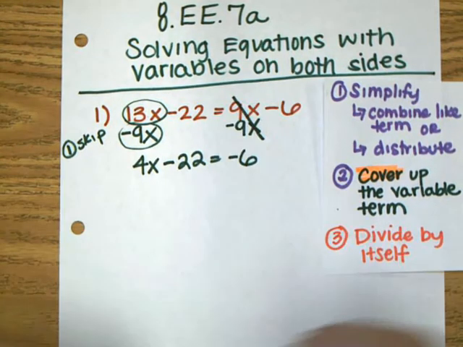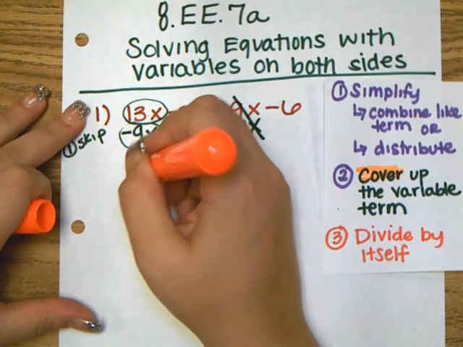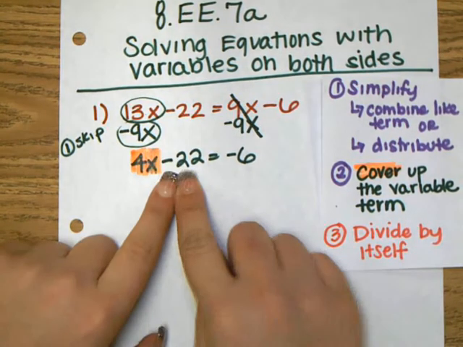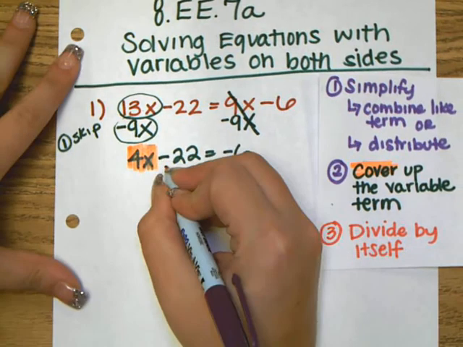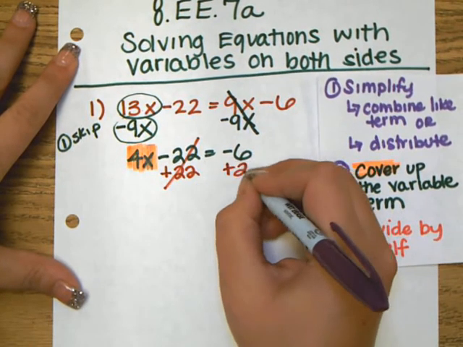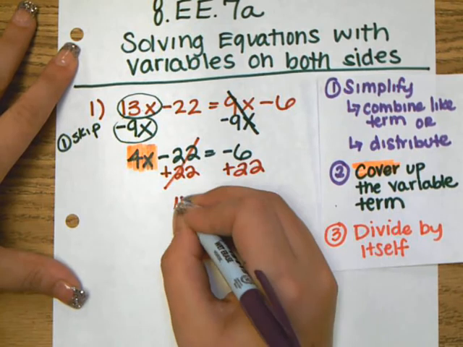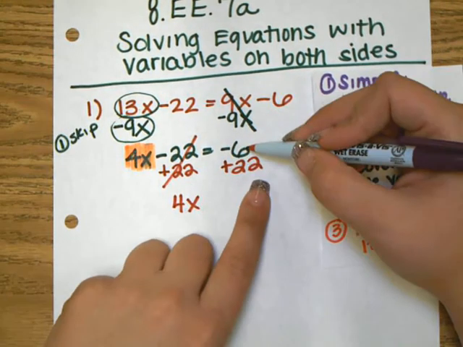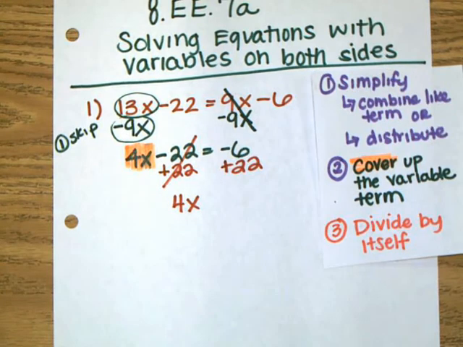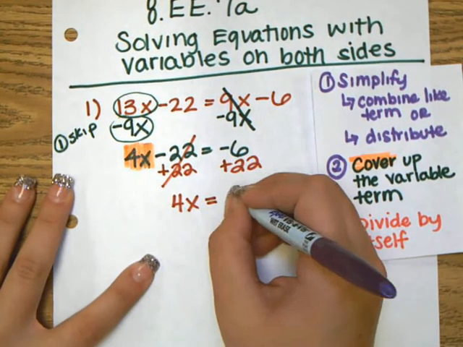Now I can do step 2. I can cover up the variable. And if there's something next to it, I need to make it go away. So I'm going to add 22. Bring down the 4x. These are different, so we're going to subtract.